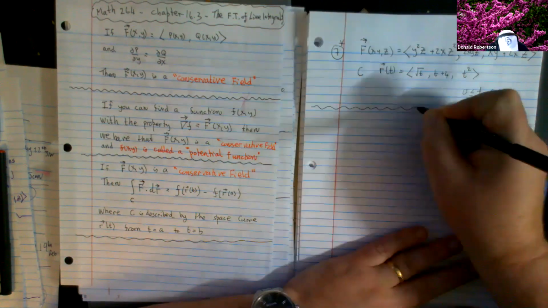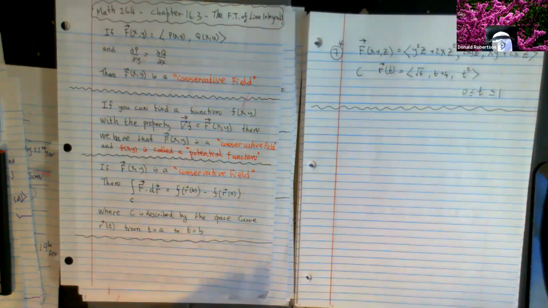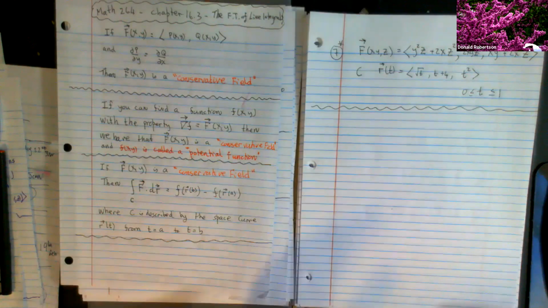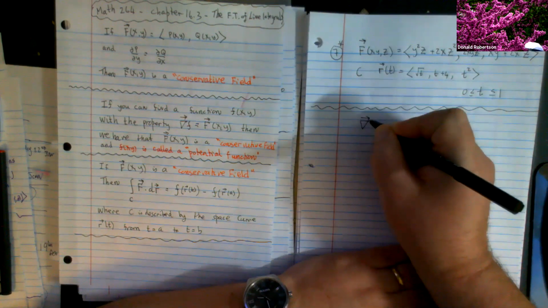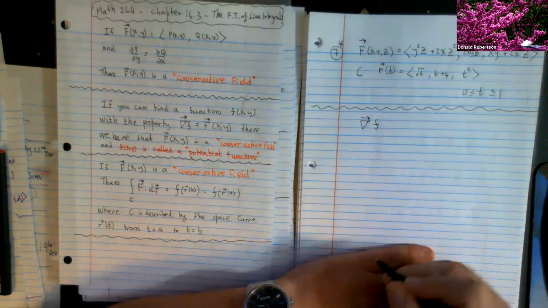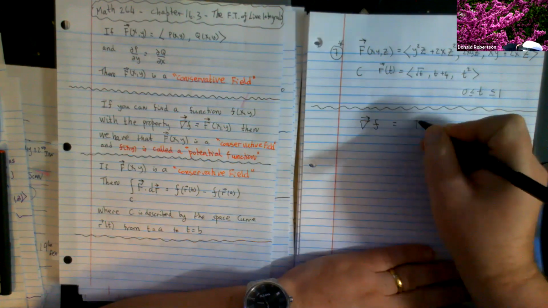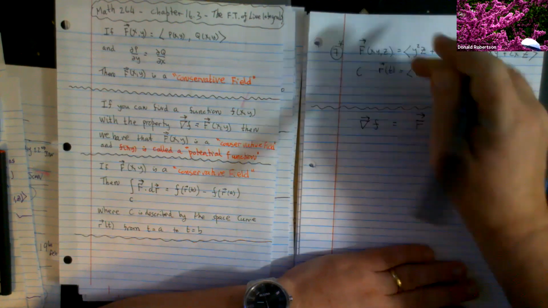Now, we've seen how to do it when it's a two-dimensional world, right? It's the same property. It doesn't care how many dimensions there are. The gradient of the potential function will be the same thing as this guy.